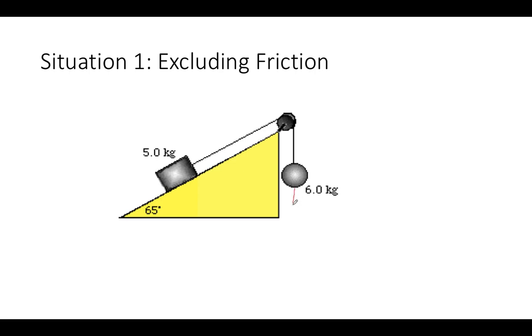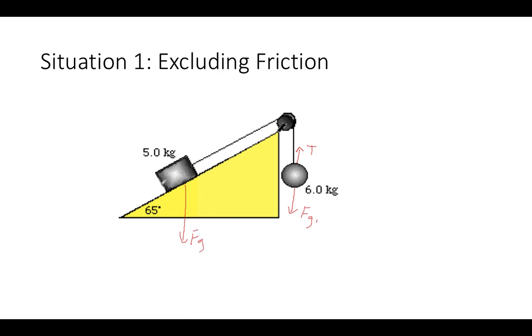There's a force acting down on the 6 kilogram block, which we'll call Fg1, and a tension force acting upward. There's also a force of gravity acting down on the 5 kilogram block.